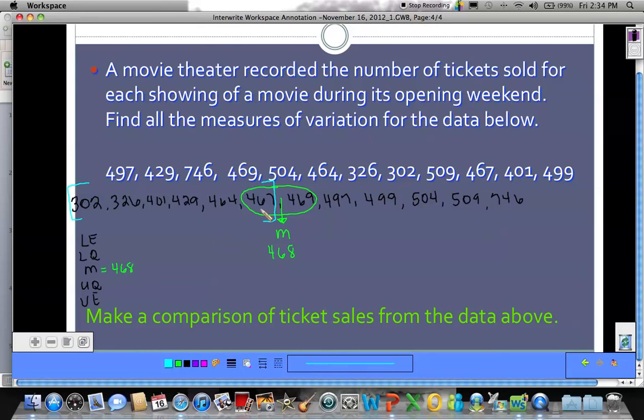So my lower quartile is the median of the lower half. Well, that number happens to fall in between 401 and 429. I don't know what number that is right off the top of my head, so I'm going to have to add these two numbers together, then divide by 2. When I do that, I get 415. So my lower quartile is 415.